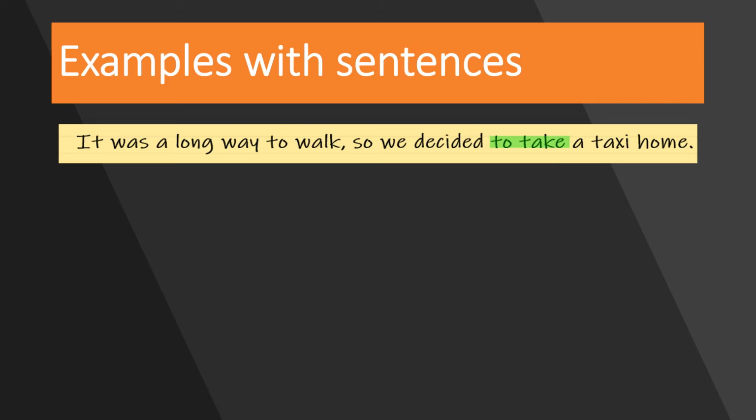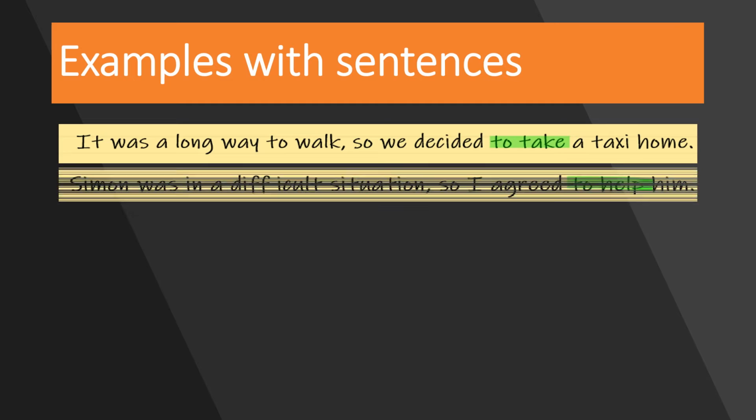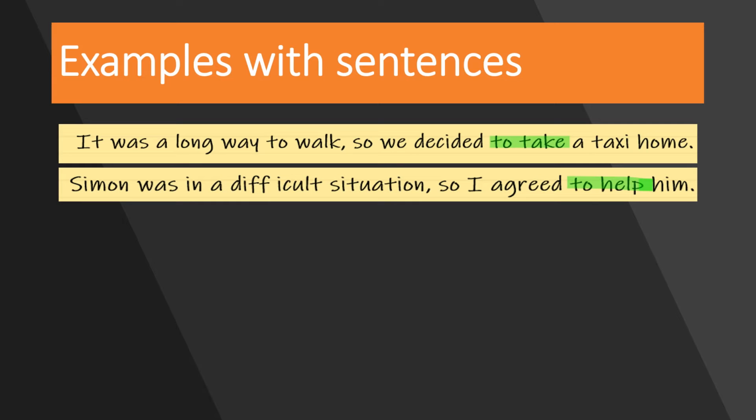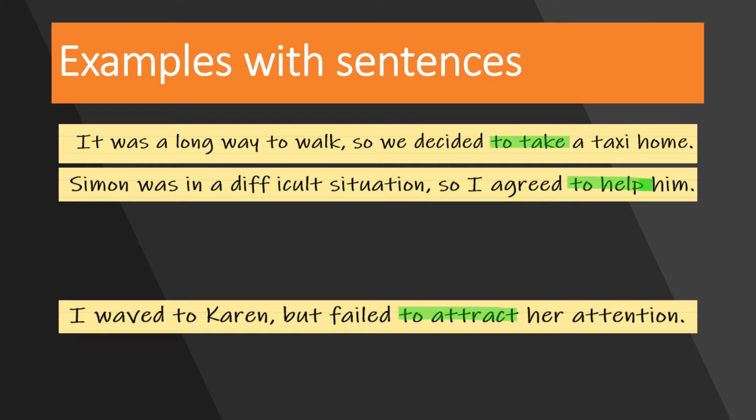That is the verb pattern we have to follow in the second verb. Now the next says, Simon was in a difficult situation, so I agreed to help him. That's the other example with the verb agree. In this case, we have to use the full infinitive, as you could see in the previous slide.